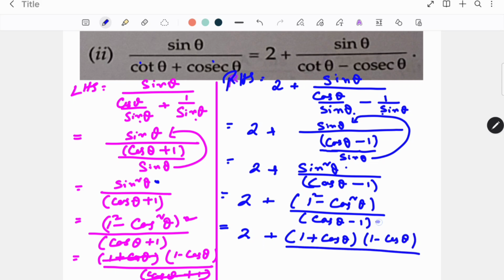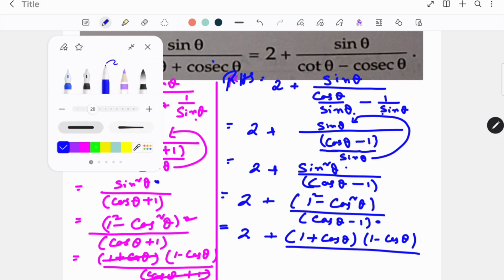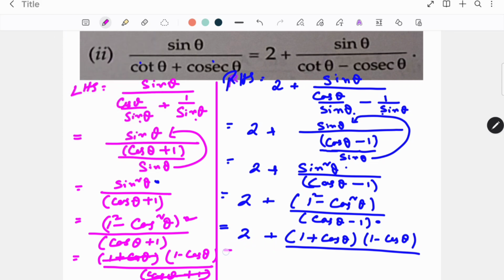Here from the denominator, from here this one we will do one change. What change we will do? Let's see. Two as it is will keep.